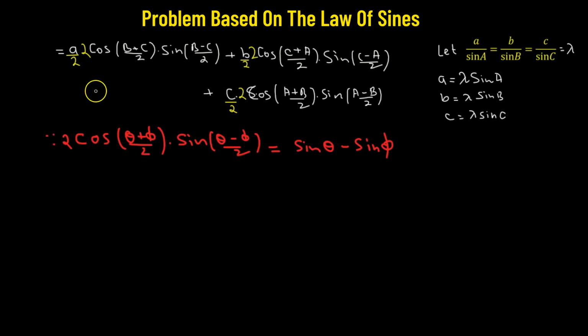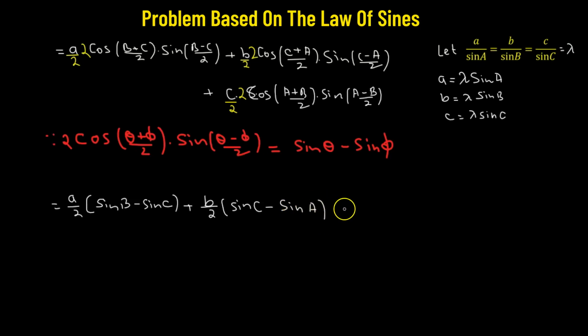So our first term will become a over 2 times sine B minus sine C. Then the next term is going to become b over 2 multiplied by sine C minus sine A. And the third term is going to become c over 2 multiplied by sine A minus sine B.